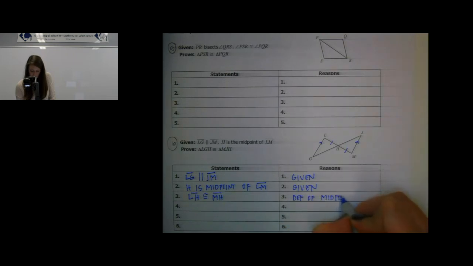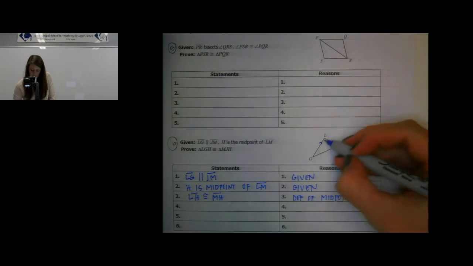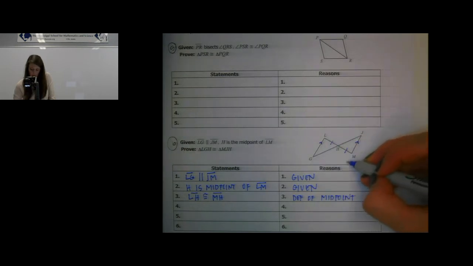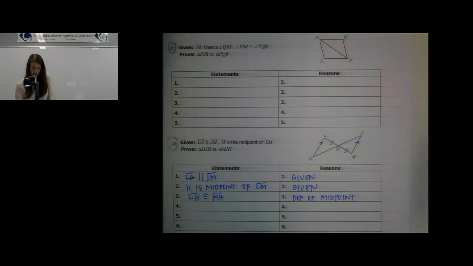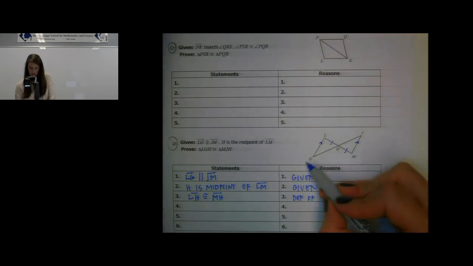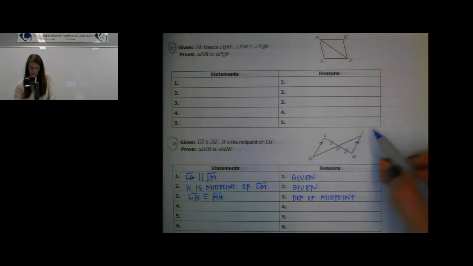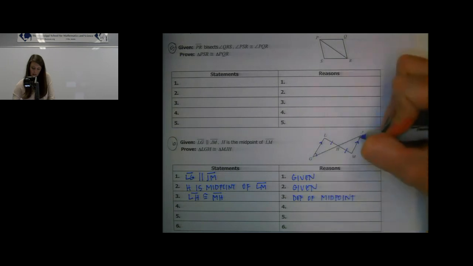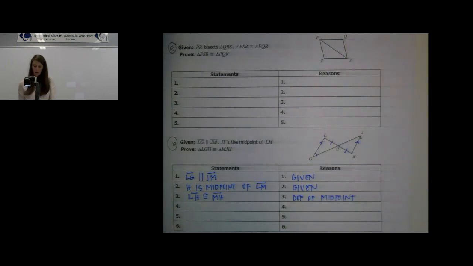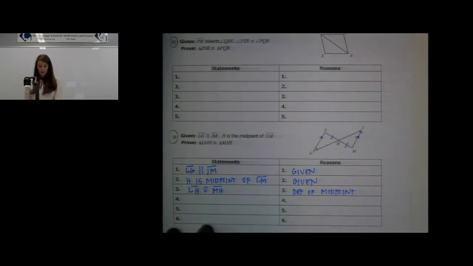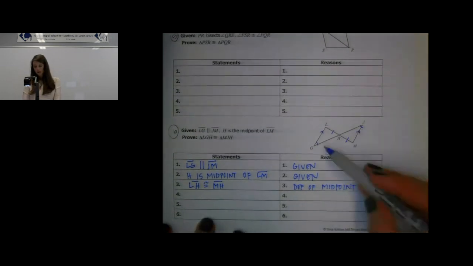All right, so if these two sides are parallel, okay, here is my transversal. So that means that this angle and this angle are going to be congruent by alternate interior angles.